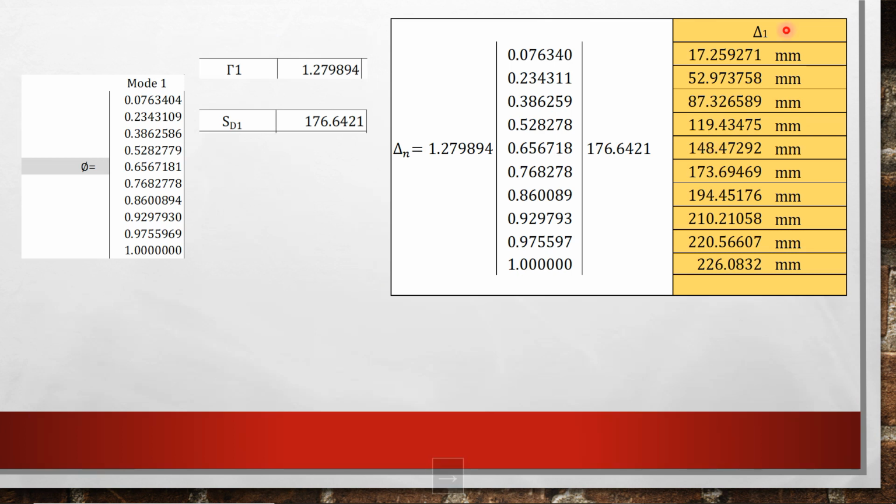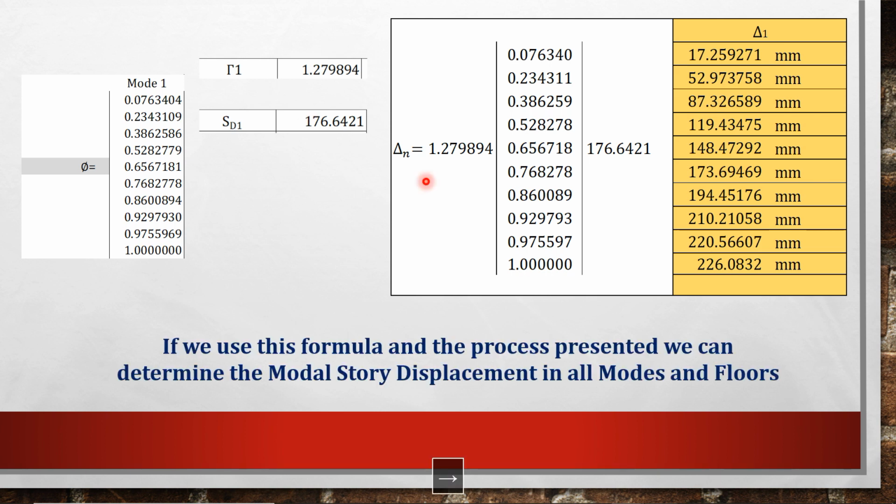Let's try it on the first mode. This is our phi for mode 1, this is our gamma 1, the modal participation factor, and this is also our mode 1 spectral displacement. We plug them into the formula from earlier. So this is the result.